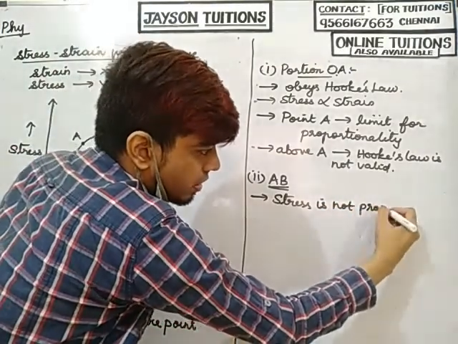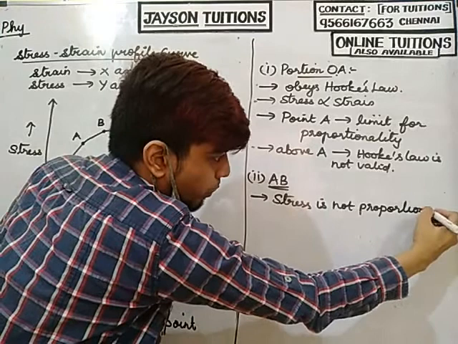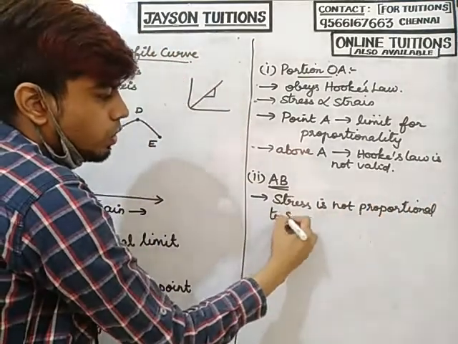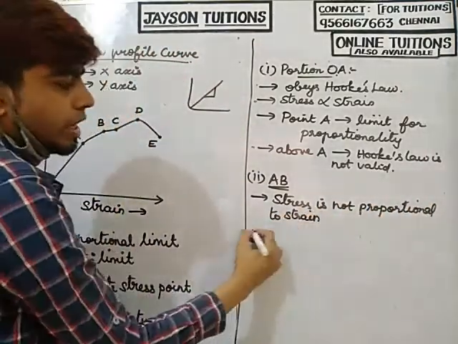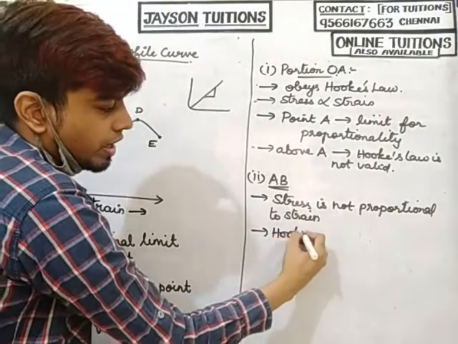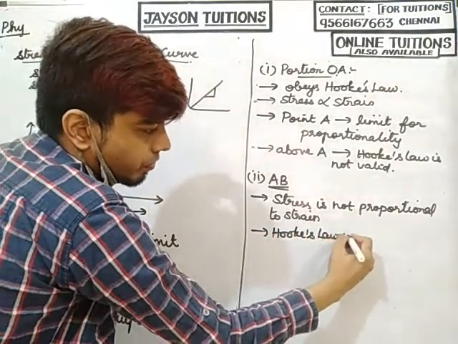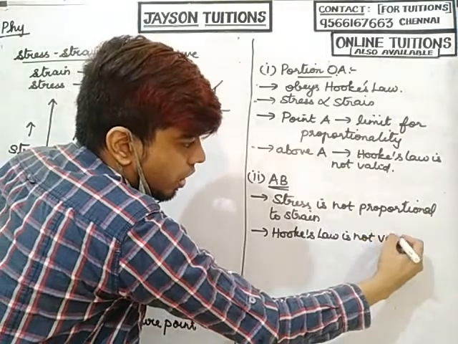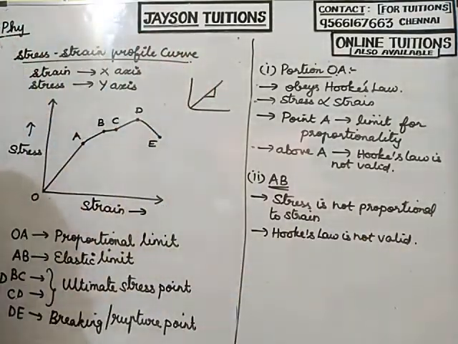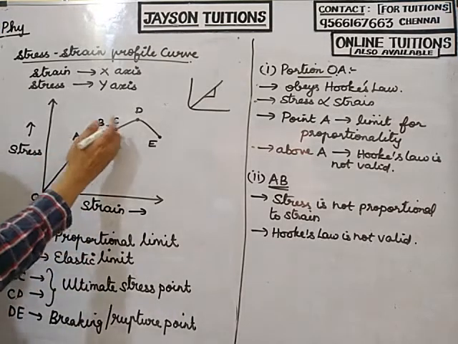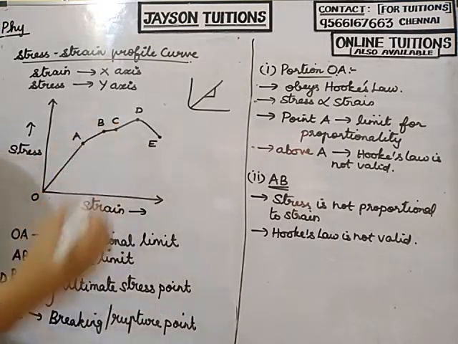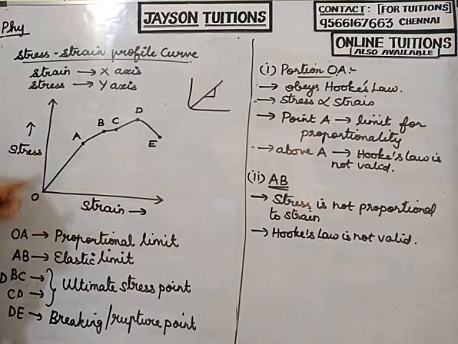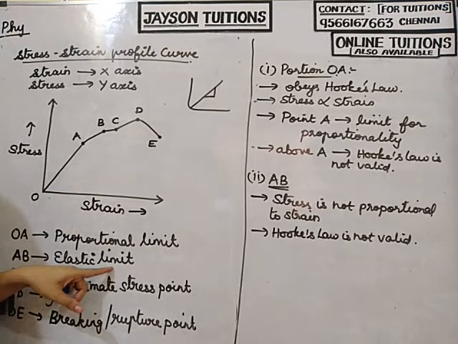Hooke's law is not valid here. So this point B is called the yield point or the elastic limit.